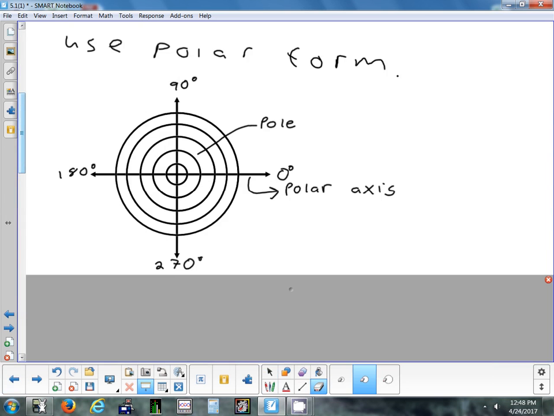So on your polar graph, instead of the origin, you have what's called the pole, but you could still call it the origin. That's the pole. And you don't have an x-axis anymore. You have what's called the polar axis. And it's numbered going counterclockwise, 0, 90, 180, 270.